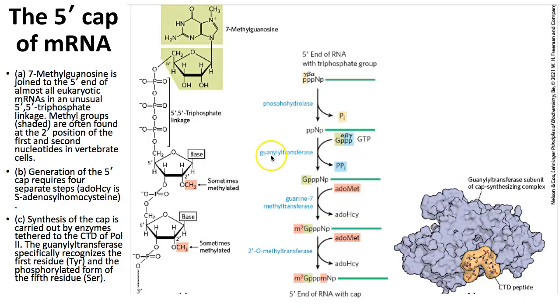You have the guanylyl transferase that releases a pyrophosphate. Then you have guanine 7-methyltransferase that transfers an adenosine methyl group, and that's where that methylated nucleotide is coming from. And that happens twice, and then you have your end cap of the RNA.